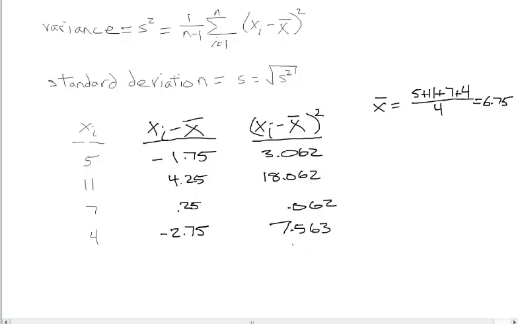And now what I'm going to do is total this column, because that's what the notation says: take the sum of all of the (xi minus x bar) all squared. That's what this column represents. So when we add this whole column up, we get 28.749.